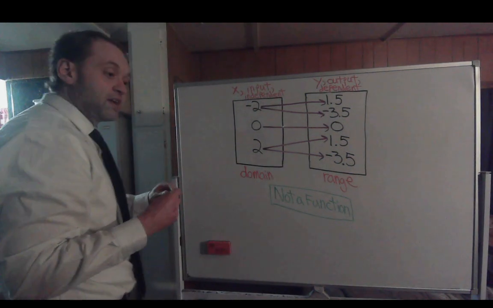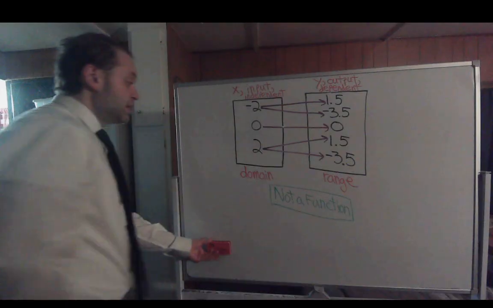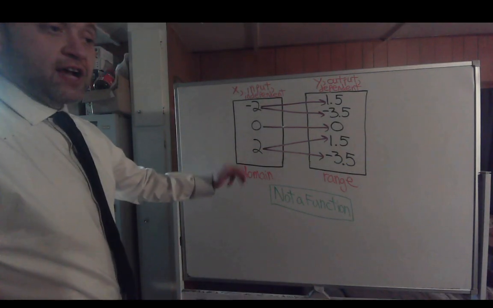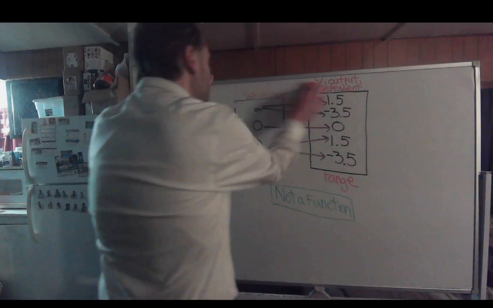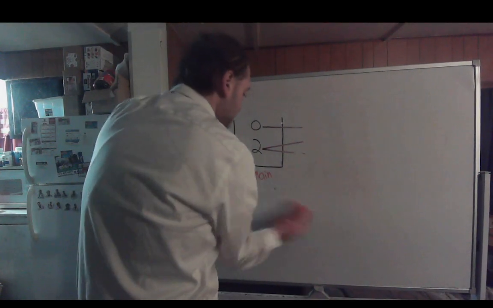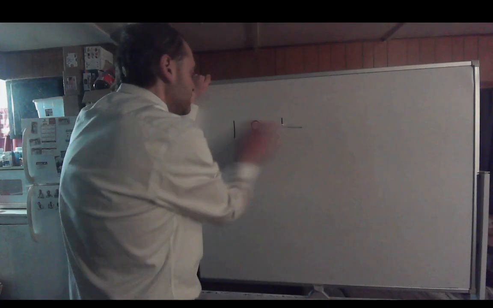Alright, so that's not a function because a couple members of the domain have more than one member of the range. So that's a quick numerical way to tell with a set of data if a relation's a function or not. Now we're going to move on to graphically to determine if something's a function.